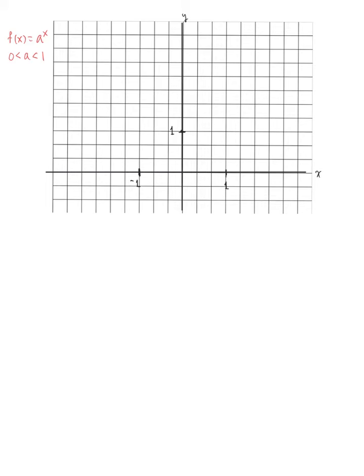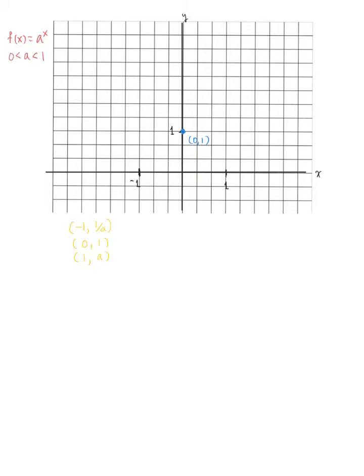Now let me jot down the key points that we just talked about. Here are the 3 key points when x is -1, 0, and 1. Let me first jot the easiest one, that will be (0, 1). It's right here, so it's always going to go through (0, 1). Now let's talk about when x is -1. Remember, our base a is less than 1, so our a is maybe 1/3 or something like that.